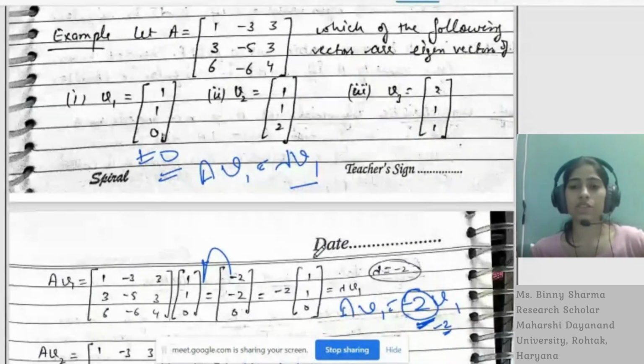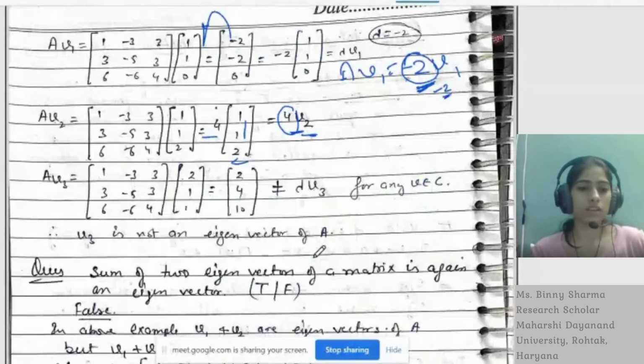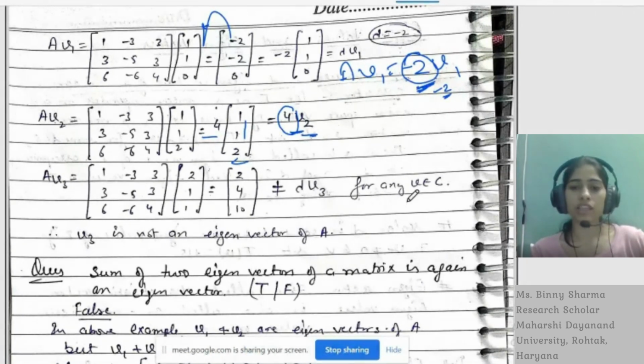Now V3, that is 2, 1, 1. But here we get 2, 4, 10. We cannot find a common value. So V3 is not an eigenvector of A for any lambda belonging to C.